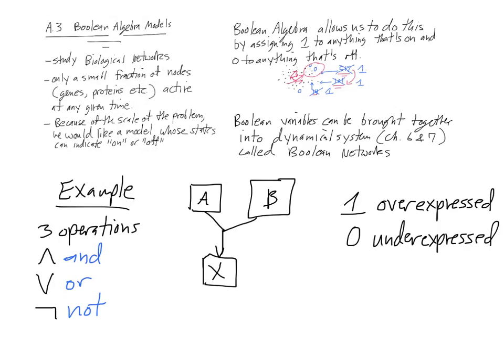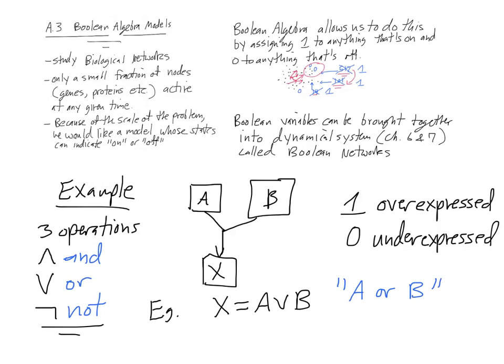In the book, there's also an exclusive or, but we're not going to use those in any of the models we study in this class. So there are 3 operations. So here, for example, X is equal to A or B. Read here as A or B.